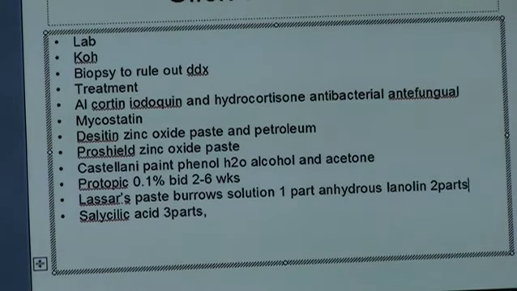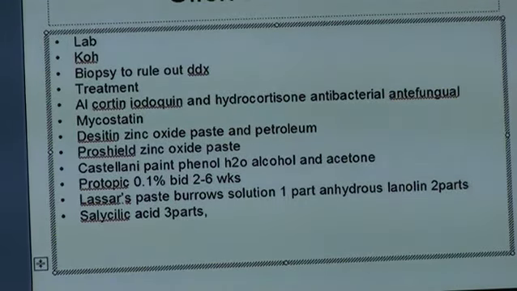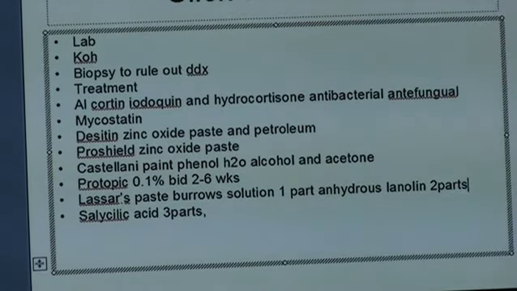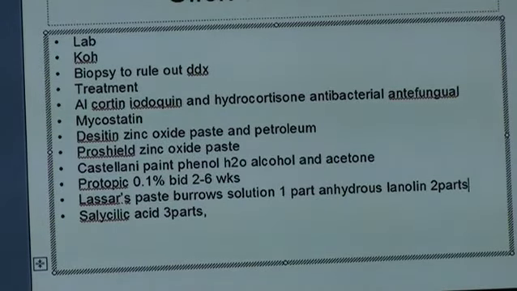Once you write down differentials that you need to think about, first write down circumcised and uncircumcised penis. In an uncircumcised penis, you usually don't get infections because you're not captured by moisture. That's one of the reasons people get circumcised, and that's why it was a Jewish tradition really in the beginning, about preventing that kind of thing.